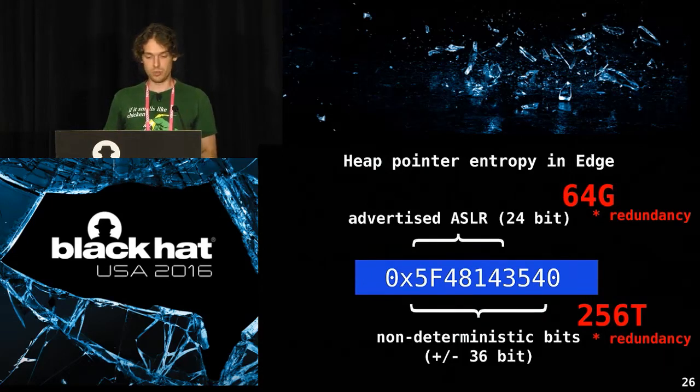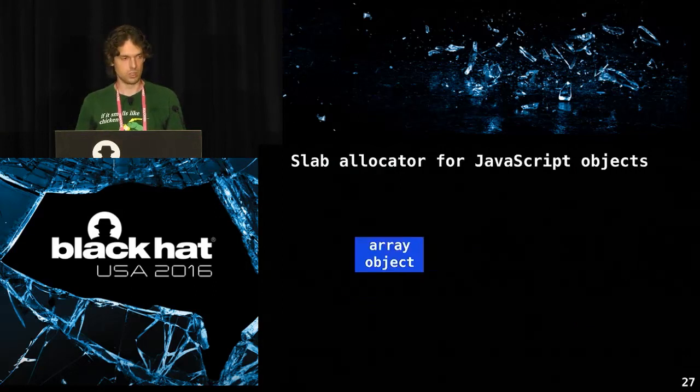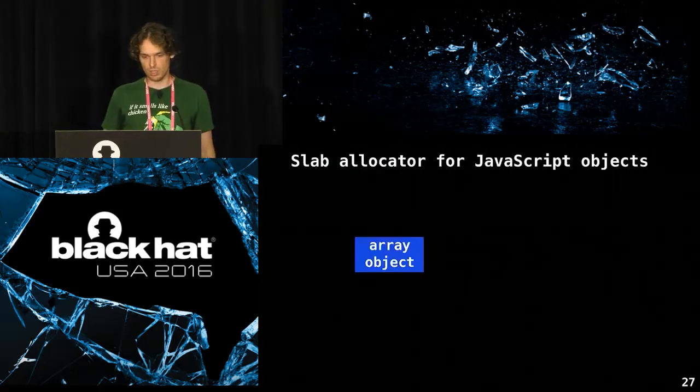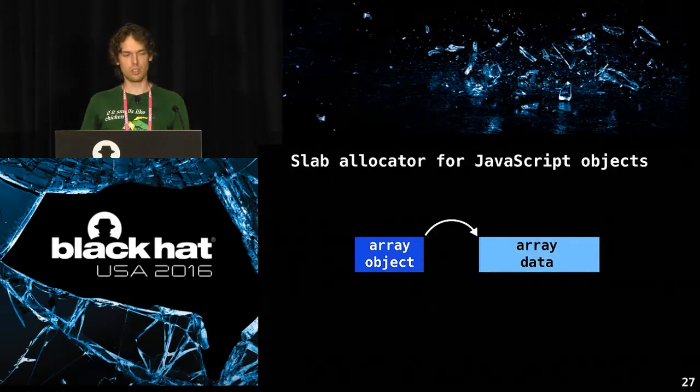So what we first did was to employ a second side channel. We used a timing side channel for allocating objects. So in JavaScript, in Edge, if you allocate a small object, you get an array object and a pointer which points to a buffer with actual data.